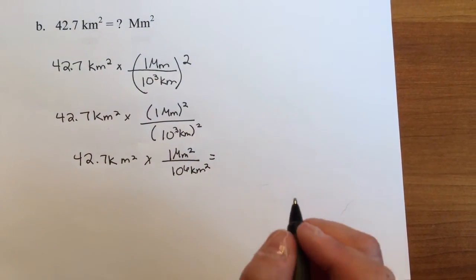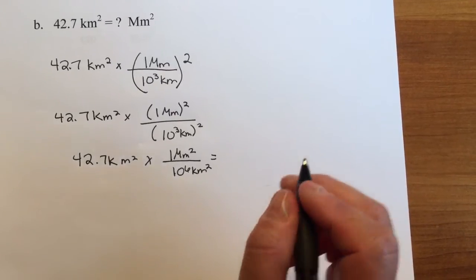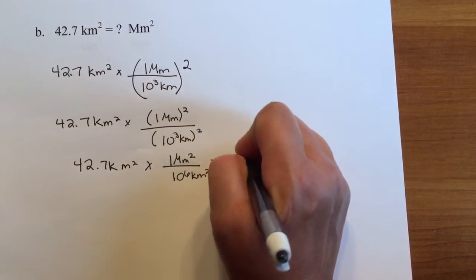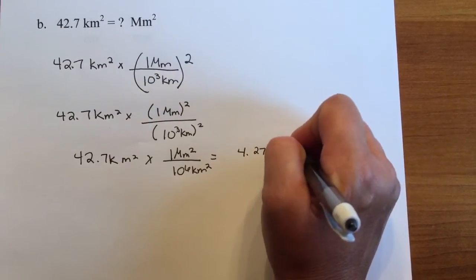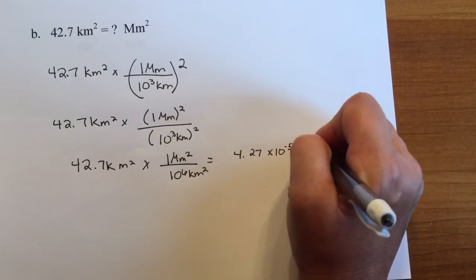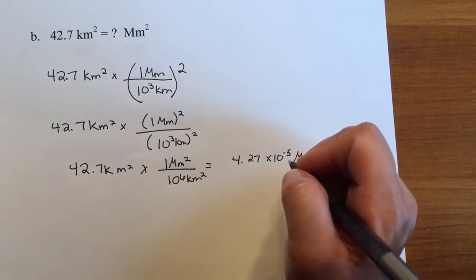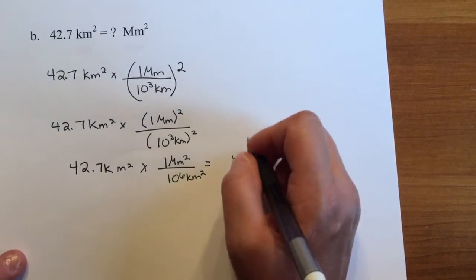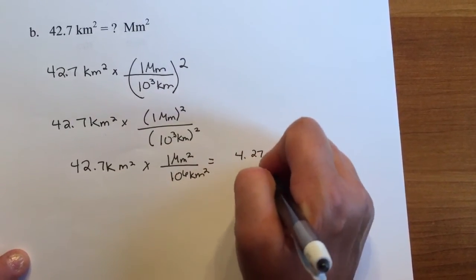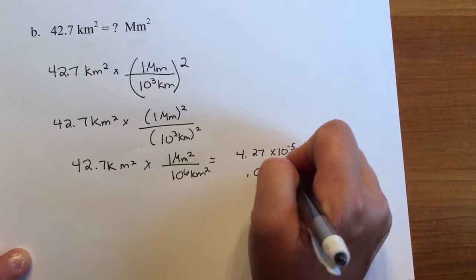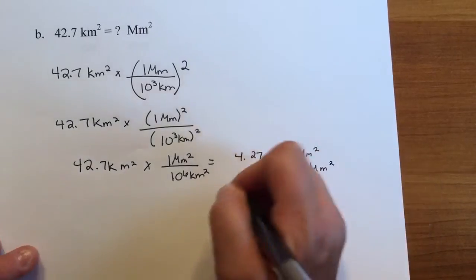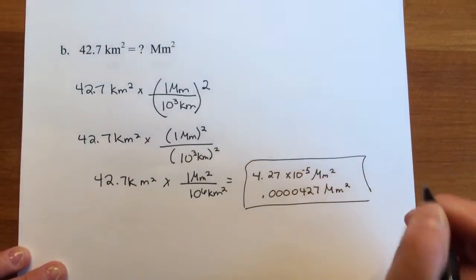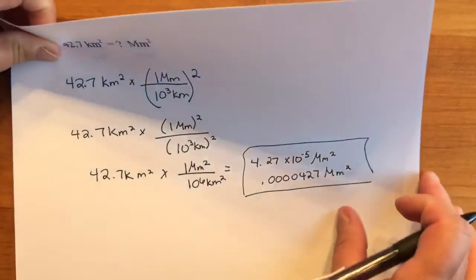When we multiply it all together, we get 4.27 times 10 to the negative 5th megameters squared, or if you wanted to write it as a decimal, 0.0000427 megameters squared. So remember, what you do to the top, you do to the bottom.